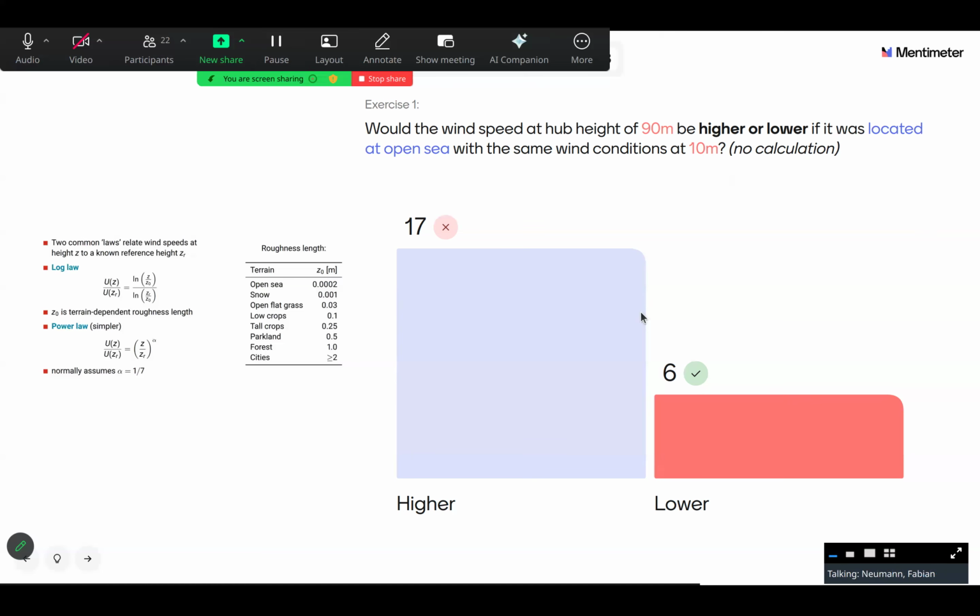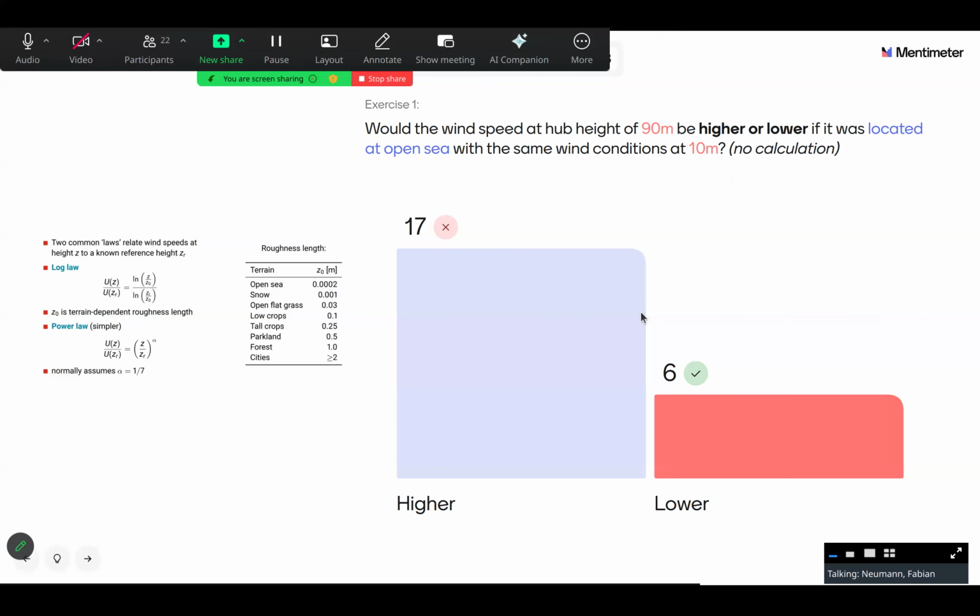Maybe it's easier to think of it from the other perspective. Take a wind speed at 100 meters, the same, and you want to figure out what the wind speed at 2 meters or 10 meters is. Then it's more natural to understand that if I have terrain that breaks the wind speed more, the wind speed will be lower at 10 meters compared to a terrain where the braking effect is not that high.